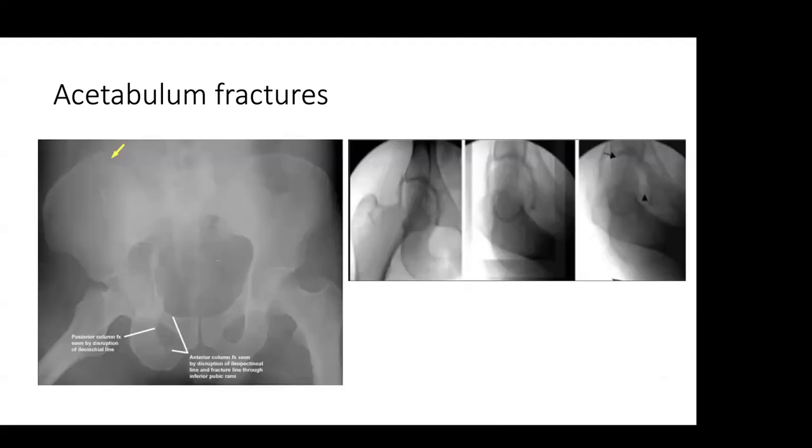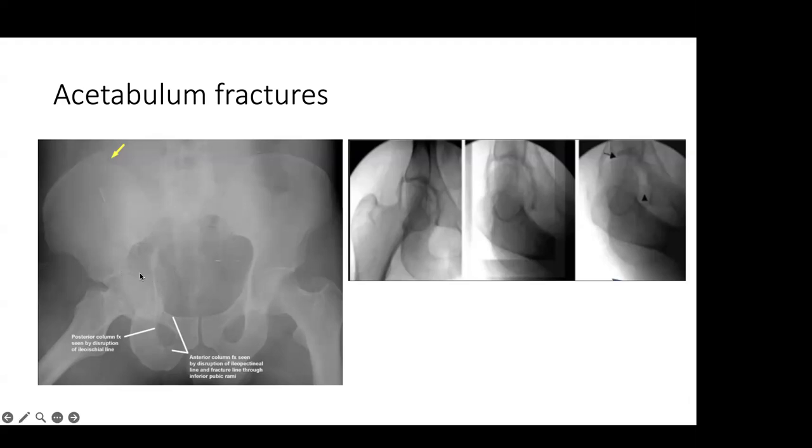So this is an X-ray of what somebody with an acetabulum fracture may look like. In this situation, this is an associated fracture type where it's not simple. Both columns are involved. When I say both columns, I mean the anterior and posterior column of the acetabulum.